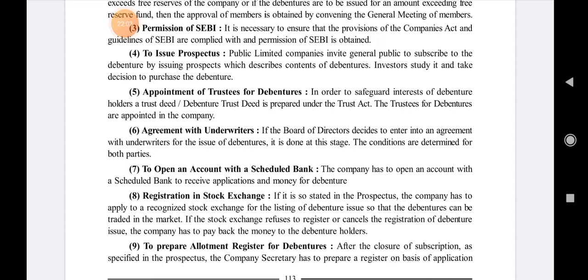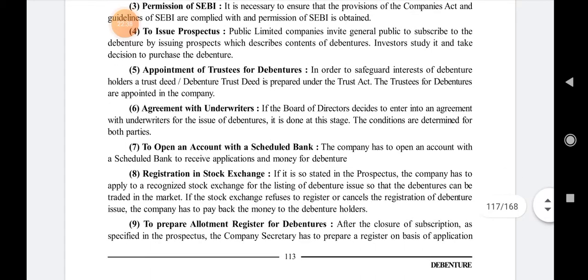See, for the safeguard of interest, they compulsorily go through the debenture trust deed under the Trust Act, and they have to compulsorily follow the rules and regulations which are mentioned in the Trust Act. The trustees for debentures are appointed in the company. See, for the safeguard of the money of the investor, means debenture holder, they can appoint debenture trustees in the company.